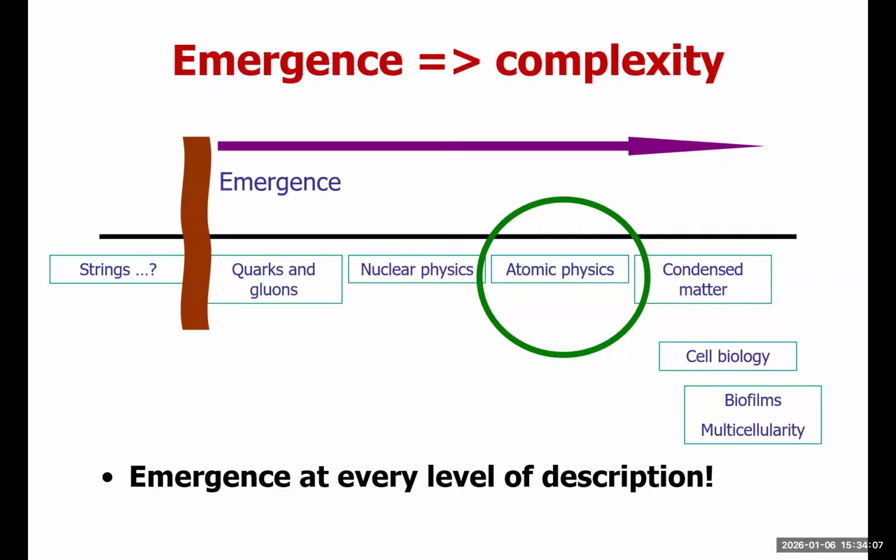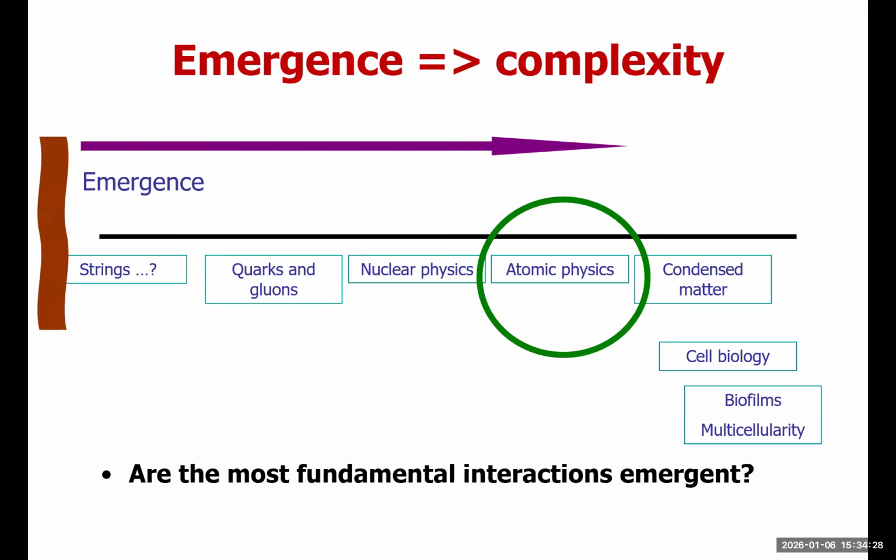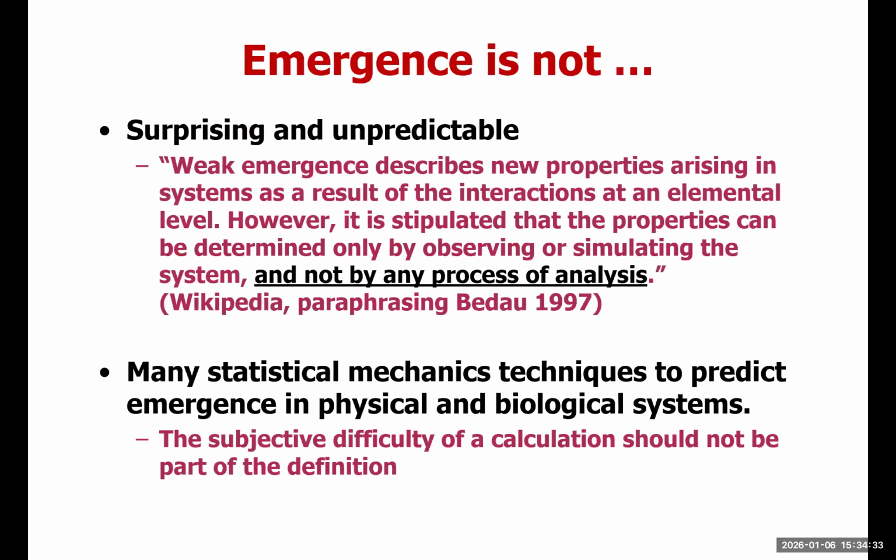So multiple states is a hallmark of emergent phenomena. The string theory vacuum has got 10 to the 500 different states. It's not fundamental at all. It's also emergent. So there's emergence at every level of description, and so to understand physics, you have to understand emergence.